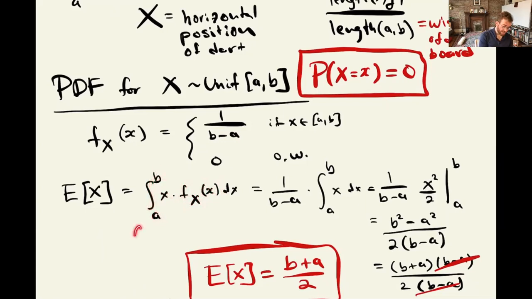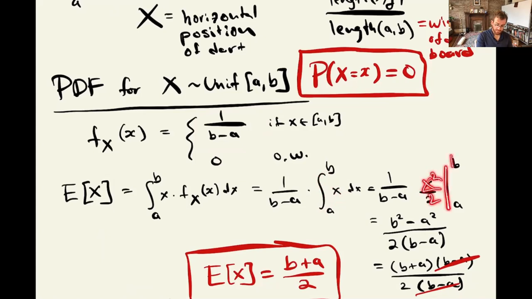I could have thought of this as an integral over all of R, or an integral from minus infinity to infinity, but that ends up equaling the same thing because the function is 0 outside of that. Anyhow, I can pull out the constant, because this is a constant, and now I'm just integrating x. Luckily, that's an easy integral to do. It's x squared divided by 2. That's the antiderivative of x. So now I have x squared divided by 2.